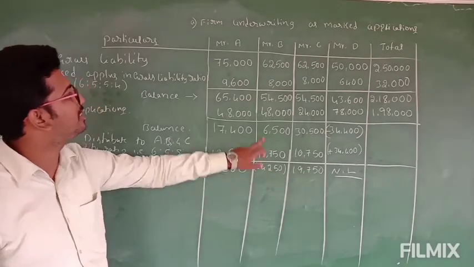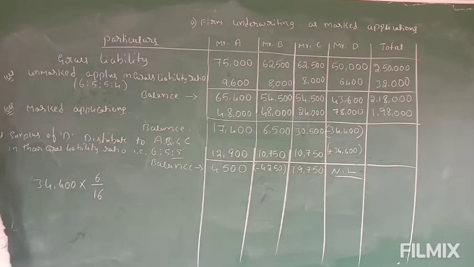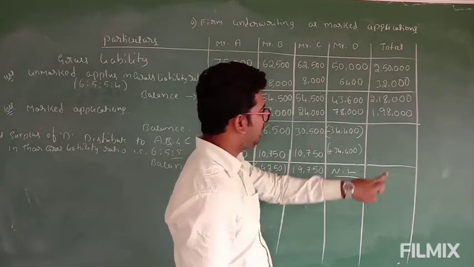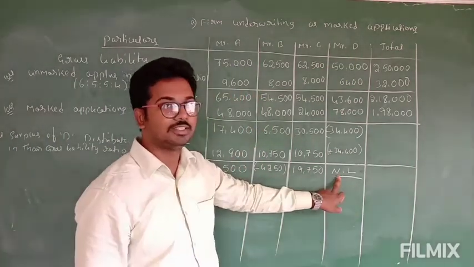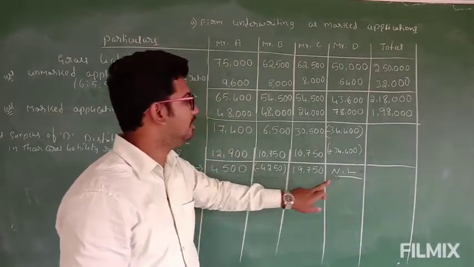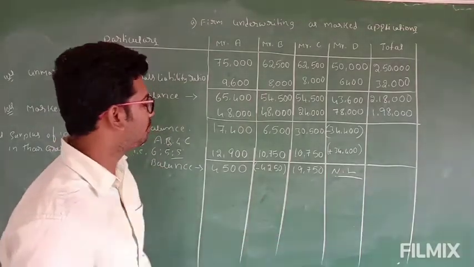So the negative B will get surplus. Surplus of B is distributed to A and C in the gross liability ratio. So who will get the surplus? Redistribute to the remaining partners. The remaining partners are A and C, because D already got the surplus and we distributed it. So again we should not go for D. For the partners who have not received surplus, for them we should distribute.